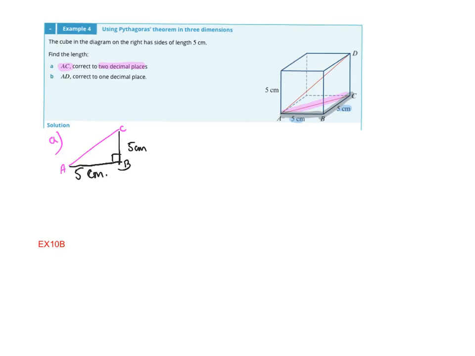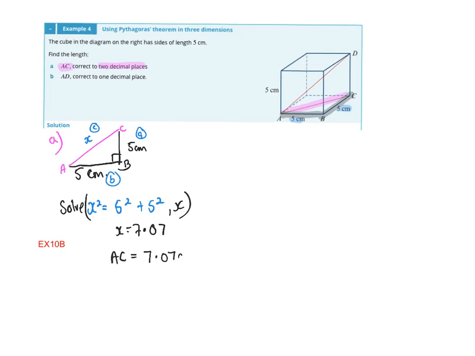So this is what I want to find, so X, so I might call that C, this is A, and this is B. So I can go X squared equals 5 squared plus 5 squared, and I'll do solve. And I'll work out what that is. Okay, now it's set to 2 decimal places, so I get 7.07. There's 2 decimal places. But they really asked me what AC is, so I should probably make a statement. AC is 7.07 centimeters. Okay, and then I'll put a box around the answer.